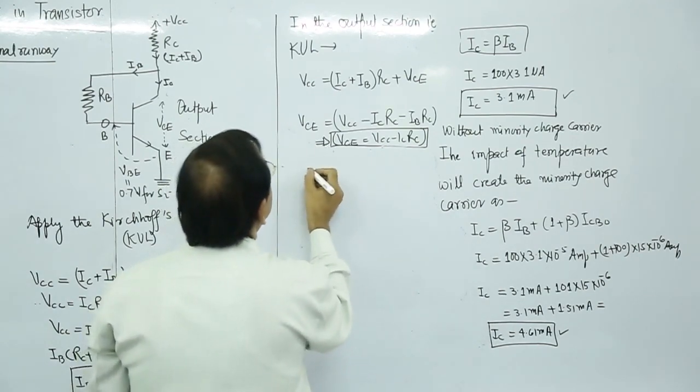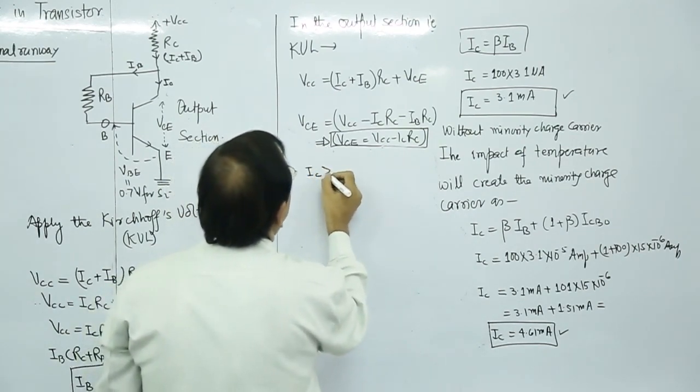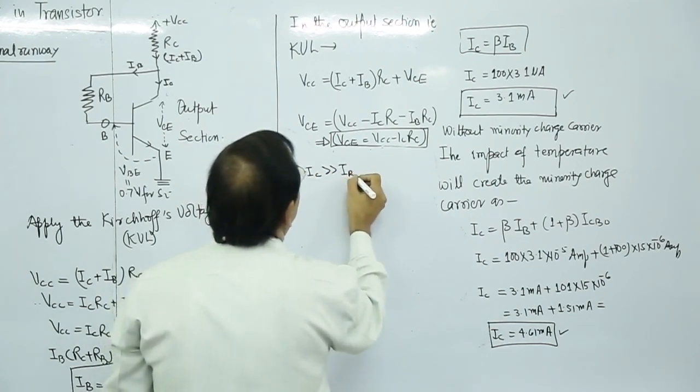This IC is very, very large in comparison to IB.